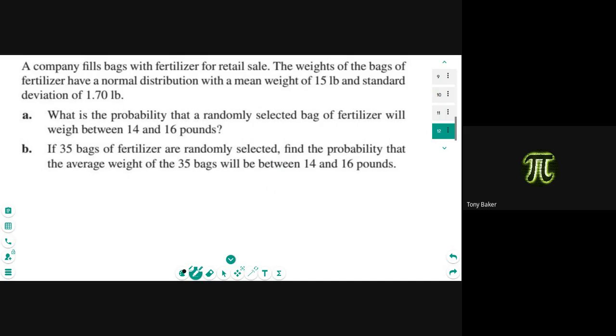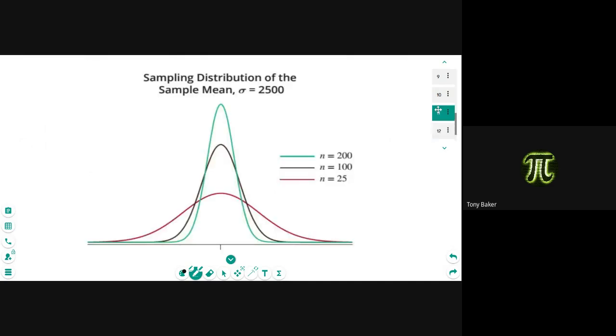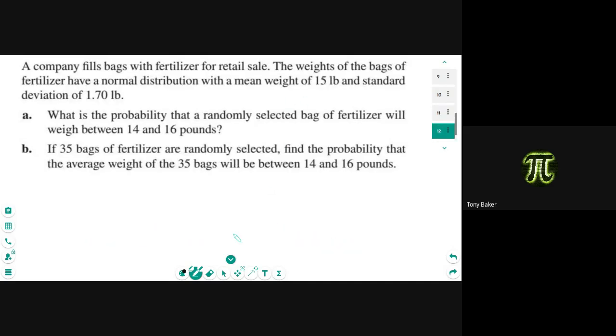All right, so let's look at A. What's the probability that a randomly selected bag of fertilizer will weigh between 14 and 16 pounds?